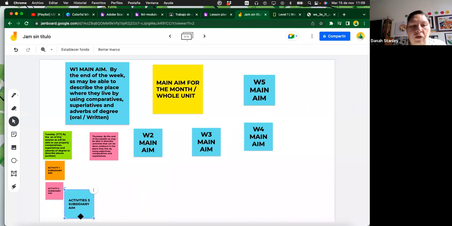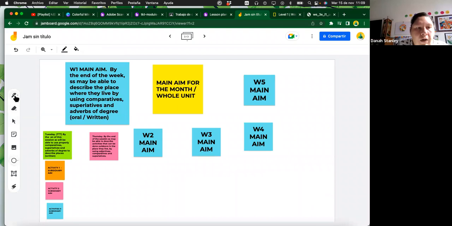Each activity I do is going to have a specific aim, but always, always, always in sequence. So when I achieve this, if I add activity 1, activity 2, and activity 3, I have the main aim. And if I add Tuesday and Thursday, I have this aim. All of them are connected.